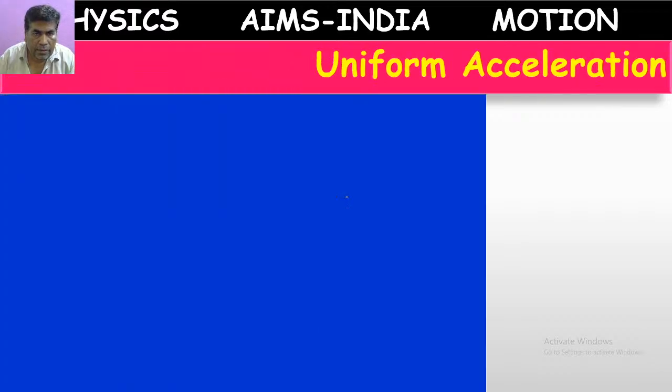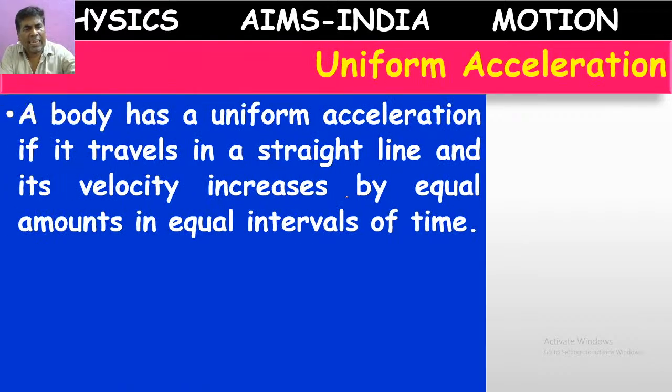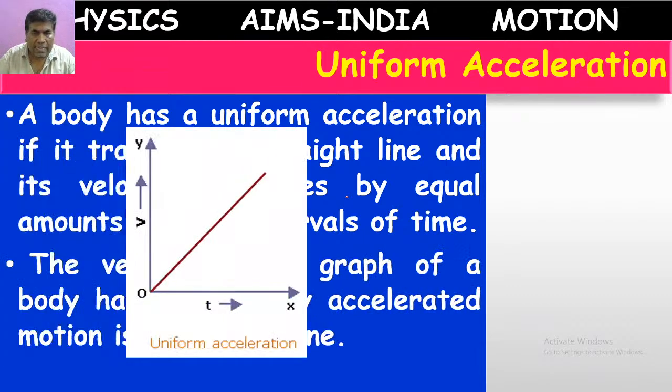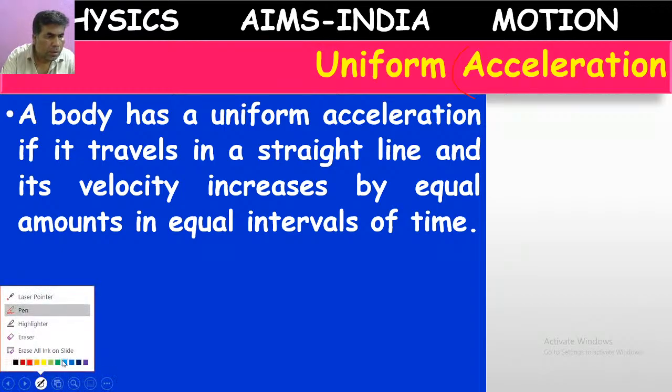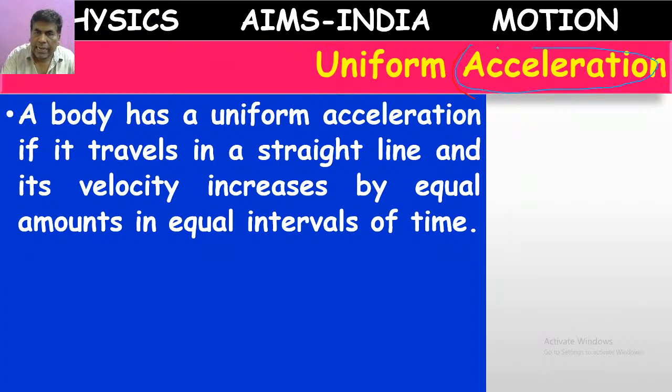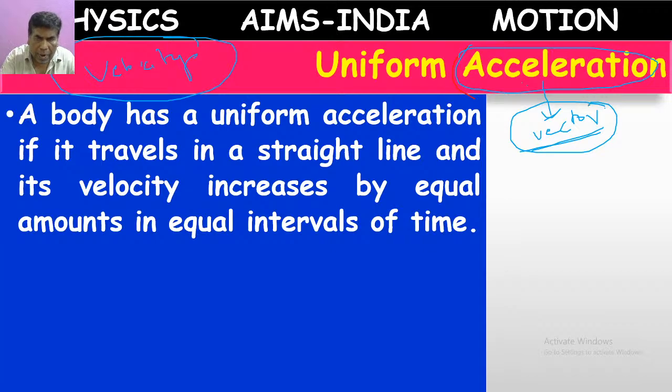Next, uniform acceleration. Here acceleration depends on velocity. Velocity is a vector, so acceleration is also a vector. Already we have told yesterday, vector means which has magnitude and direction.